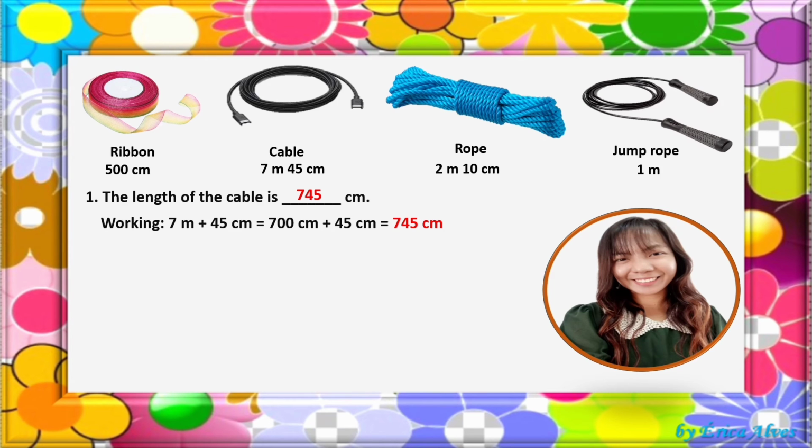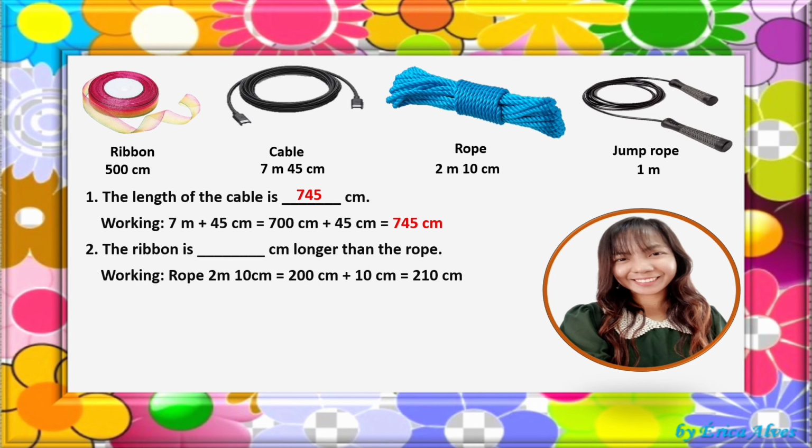Again, the length of the cable is 745 centimeters. The ribbon is blank centimeters longer than the rope. So let's convert first. We already know that 1 meter is equivalent to 100 centimeters. So 2 meters becomes 200 centimeters, plus 10. Total is 210 centimeters.